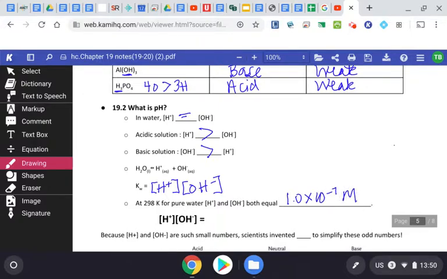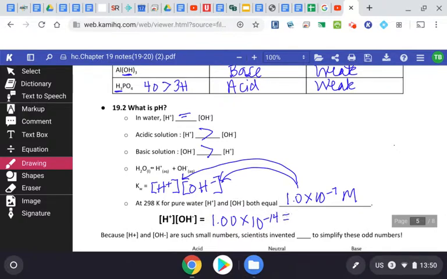Very small concentrations. If we plug those values into our KW and calculate this, then the concentration of hydrogen times the concentration of hydroxide ends up equaling 1.00 times 10 to the negative 14th.